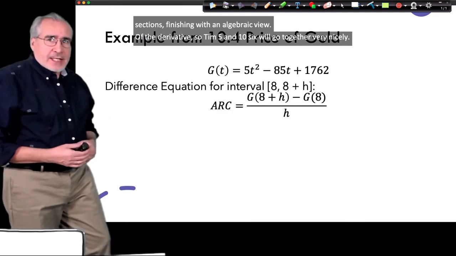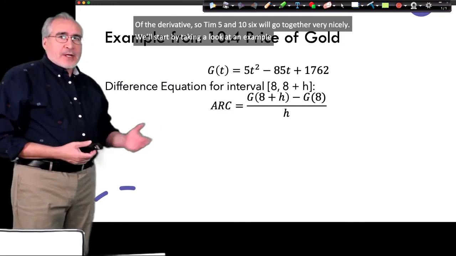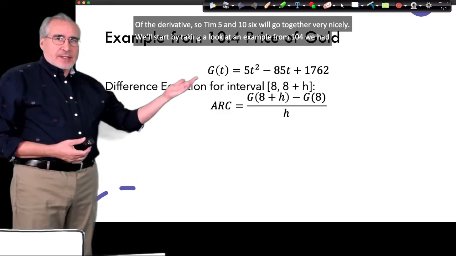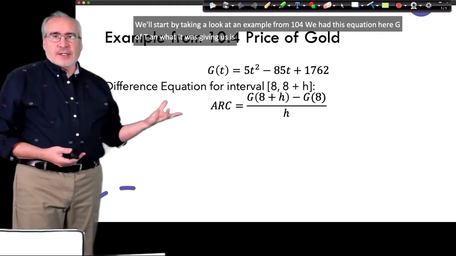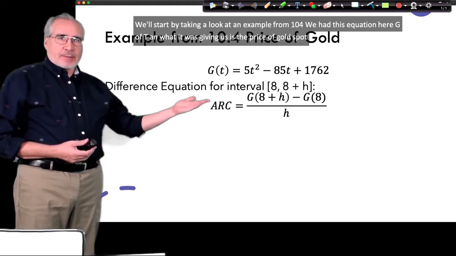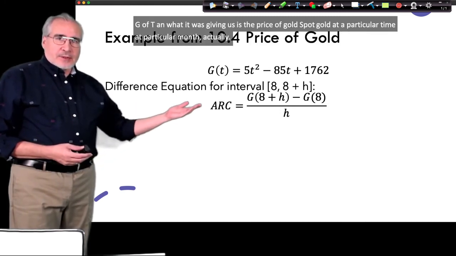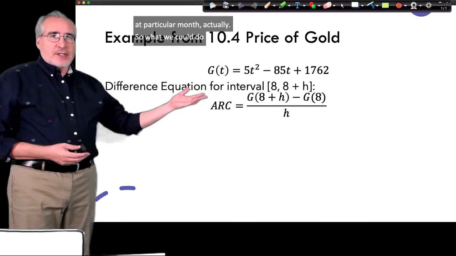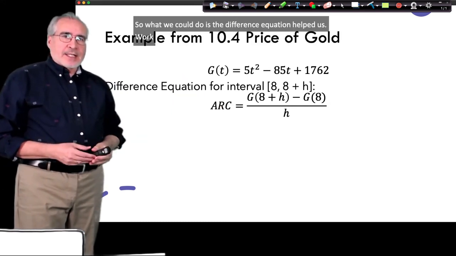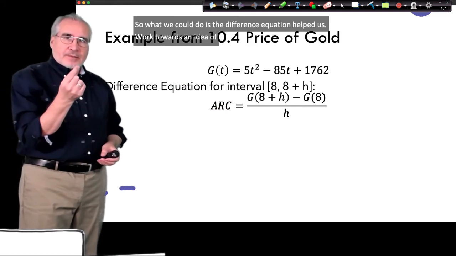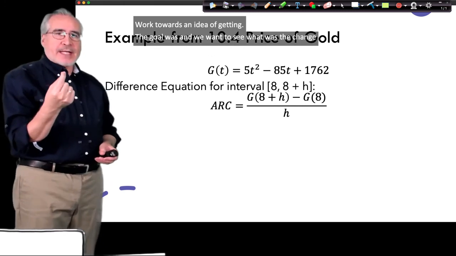We'll start by taking a look at an example from 10.4. We had this equation here, G of t, and what it was giving us is the price of gold, spot gold, at a particular time. The difference equation helped us work towards the goal: we want to see what was the change in the price at the 8th month.